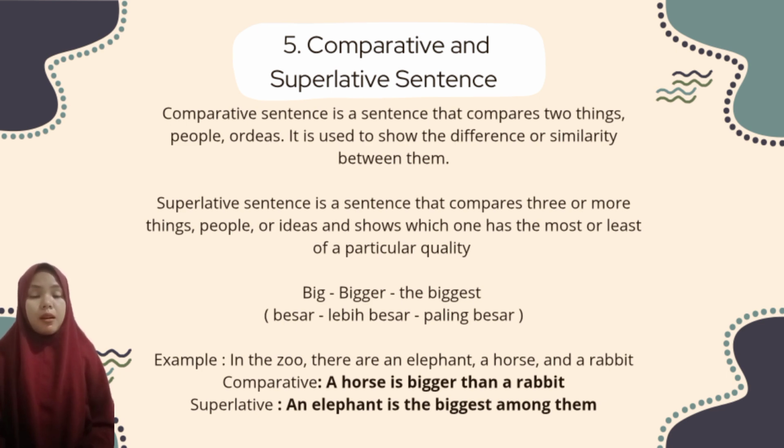For example, in the zoo, there are an elephant, a horse, and a rabbit. So, a comparative sentence is: a horse is bigger than a rabbit. And a superlative sentence is: an elephant is the biggest among them.